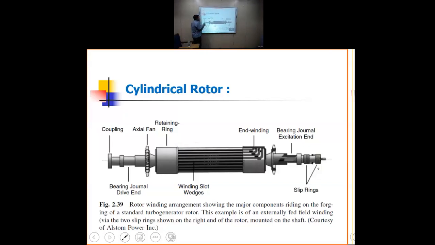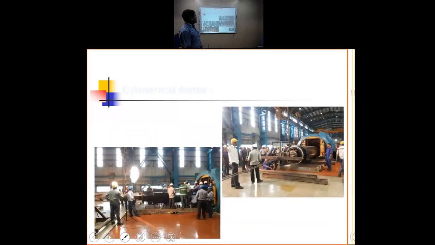The turbine shaft is directly connected here, which is why it is written coupling. The turbine is on this side, so the turbine is rotating and the total cylindrical rotor will rotate. So that is the cylindrical rotor structure. That was the theoretical diagram; practically you can see it here.